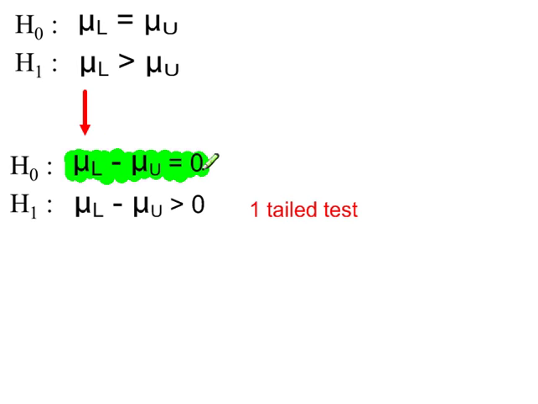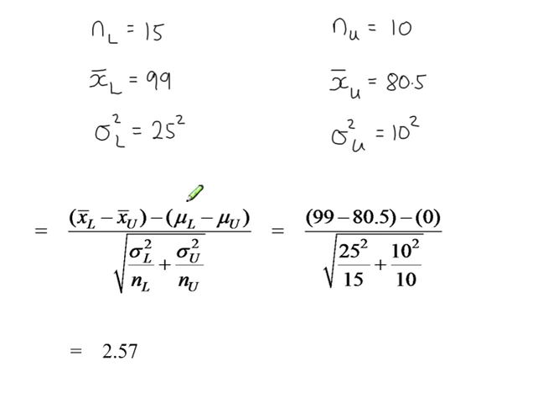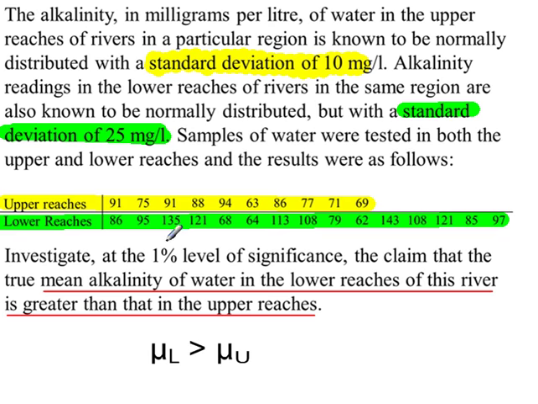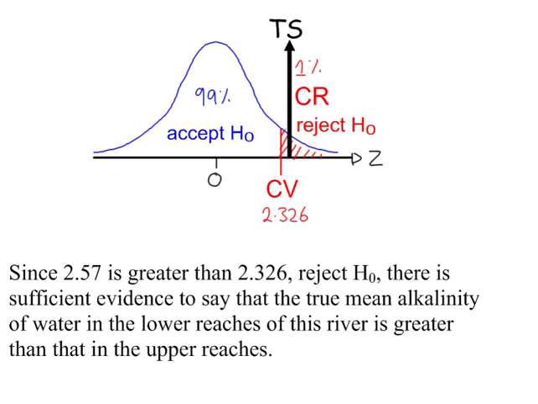So this value, that equals 0, goes into the formula here. So our test statistic is 2.57. So 1% significance level. And since 2.57 is more than 2.326, we're going to reject H0 and the conclusion in context.